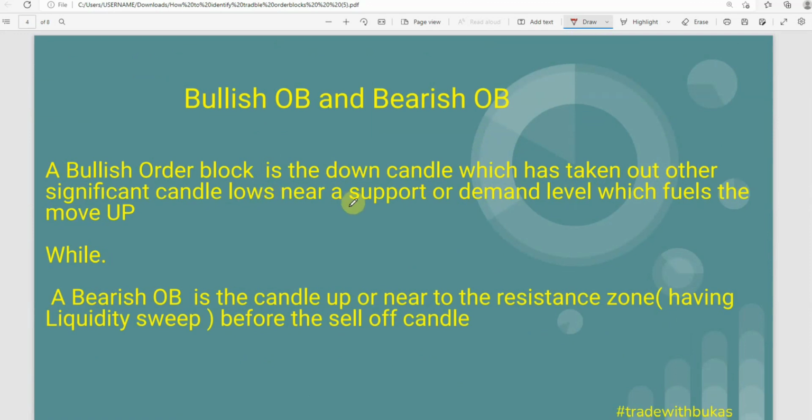This fuels the move up of the price, while a bearish OB is a candle up or near the resistance zone having a liquidity sweep before the sell-off candles. These things you need to take note of.